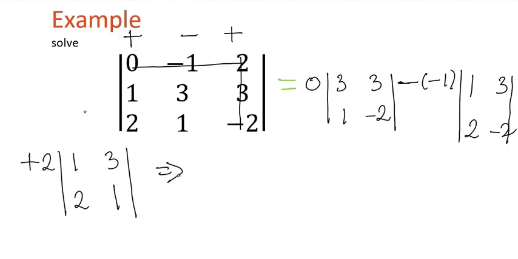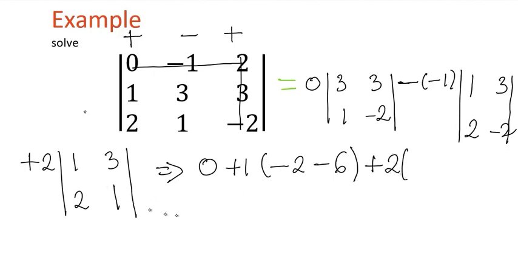Then we continue with our work. 0 multiplied by anything here will be 0. We don't need to continue with that. Minus times minus 1 gives you plus 1. The determinant of this one is 1 times minus 2, which gives minus 2, minus 3 times 2, which gives 6. Then we have plus 2 here. The determinant of this is 1 times 1 is 1, minus 3 times 2 is minus 6.